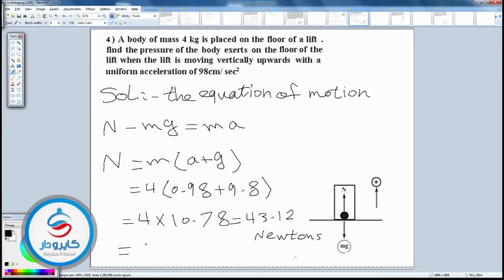Equals 43.12 over 9.8 equals 4.4 kilogram weight.